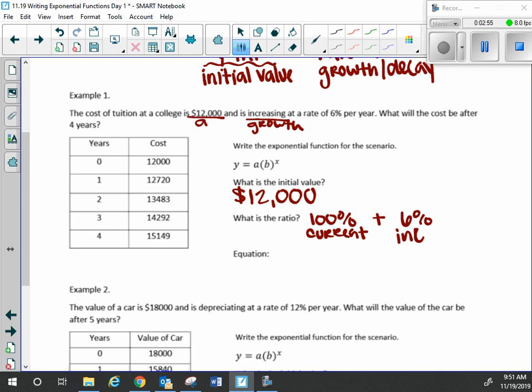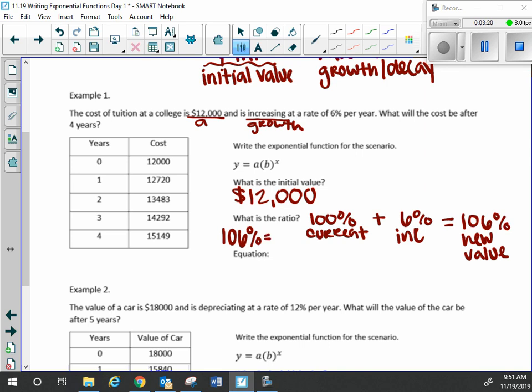So what is the value next year as a percent? 106. Okay. And just like you did in 6th and 7th grade, we can't use the actual percent. We're going to turn our percent into a decimal.